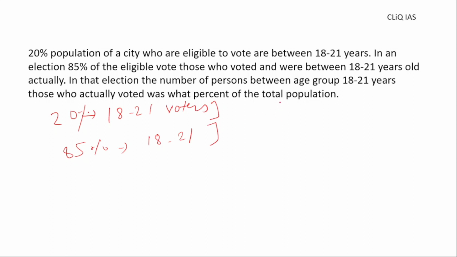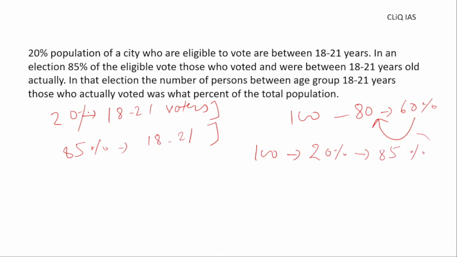Now remember the apple question: 100%, out of which 80% was fruit, out of which 60% were apples. We simply found the 60% of the 80%. The same question is here: 100, out of which 20% are between 18 and 21 and eligible, out of which 85% have voted. So find the 85% of it. Either you find 85% of 20 or you find 20% of 85, whichever looks easy.